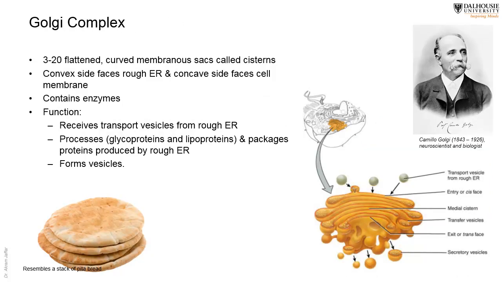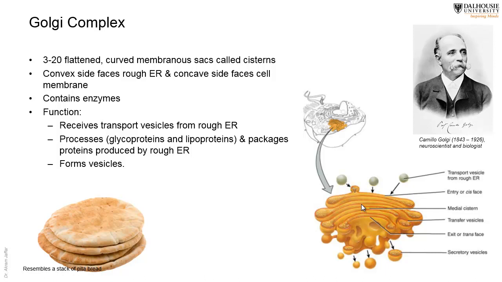The other organelle is the Golgi complex, named after Golgi, in the late 19th and beginning of the 20th century, who was a neuroscientist and biologist. It is formed of multiple flattened, curved, as you can see them here, membranous sacs. They look like pita bread, and actually the number is variable between 3 to 20, and they are curved.